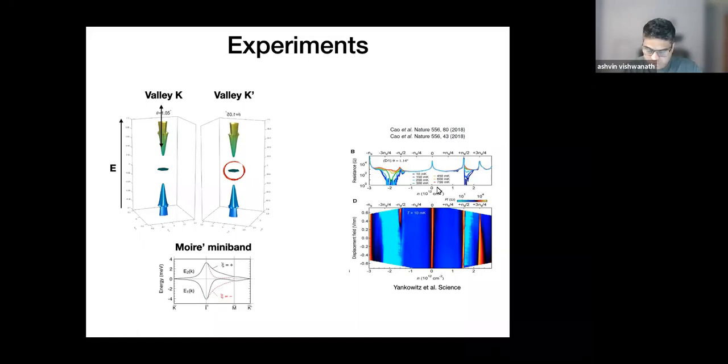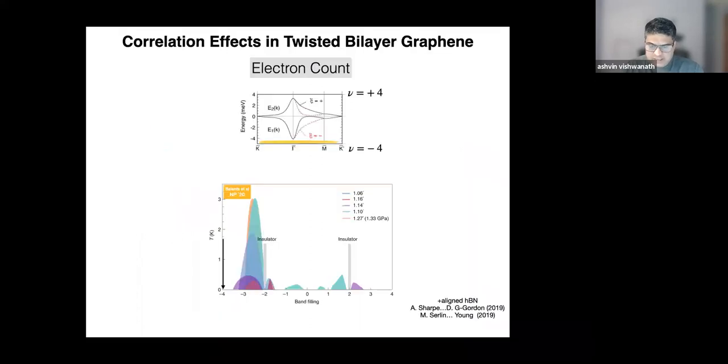Okay, so to remind you where the different phenomena are observed, let's say you begin at the bottom of this band, you have no electrons, and then you do electrostatic gating to get some electrons in. So your chemical potential floats up somewhere in the middle of this bottom band. That's where insulating-like behavior is often seen.